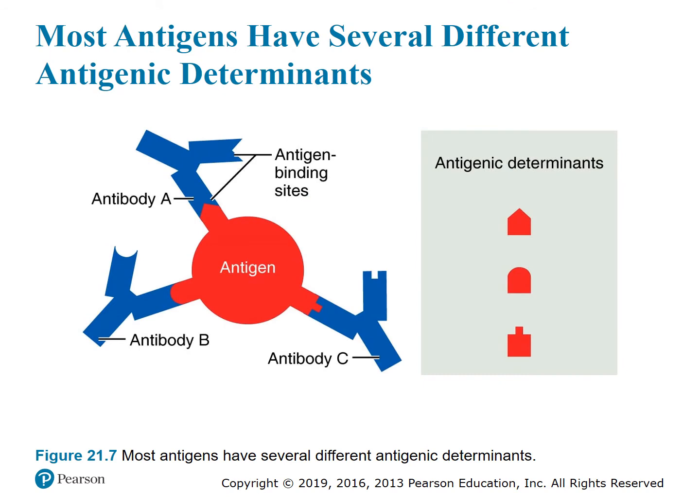Figure 21.7, most antigens have several different antigenic determinants. So here we see an antigen in red, and notice that it has several antigenic determinants to which different antibodies will bind.